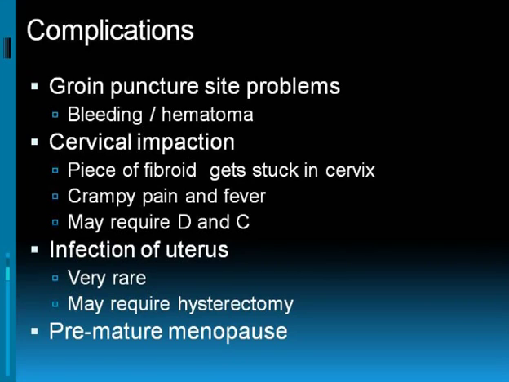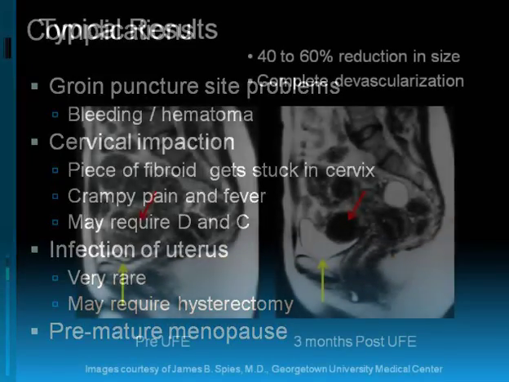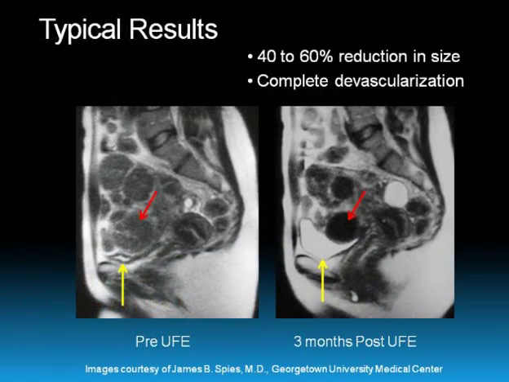And then it is possible to cause premature menopause with this procedure, just because some of the beads that we inject can get into the ovary and may affect ovarian function, but this is also a fairly uncommon complication.